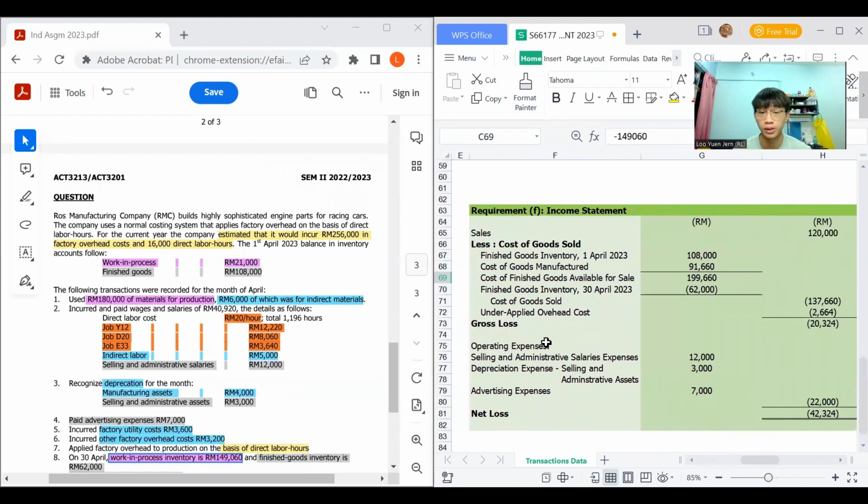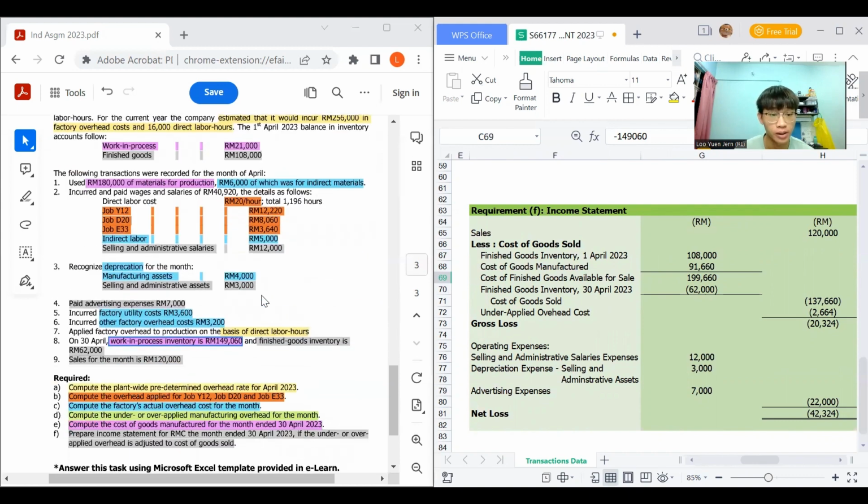So we will get the cost of finished goods available for sale, that is finished goods inventory for the beginning plus cost of goods manufactured. Then we will minus the finished goods inventory for the ending, that is 62,000, and we will get the cost of goods sold, that is 137,660. And here is the under applied overhead cost.